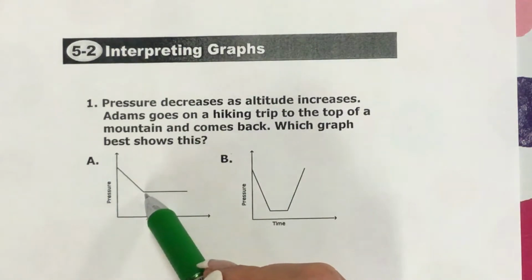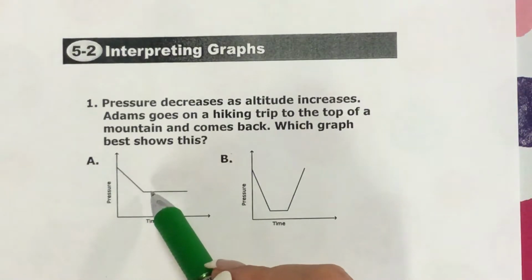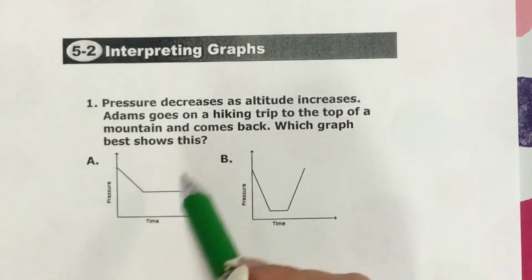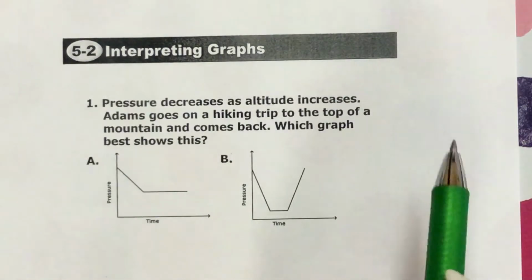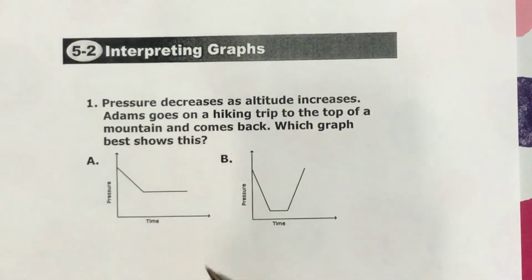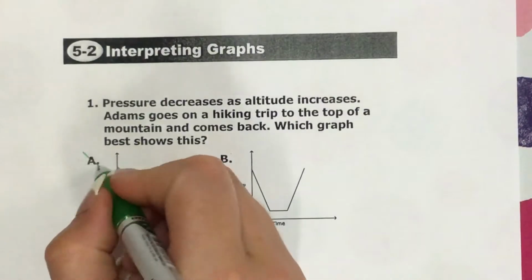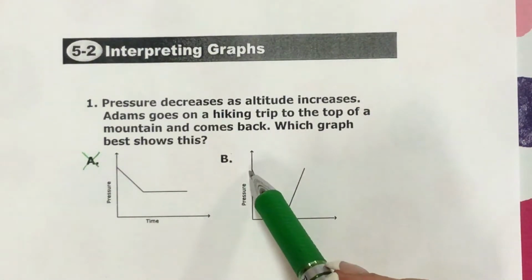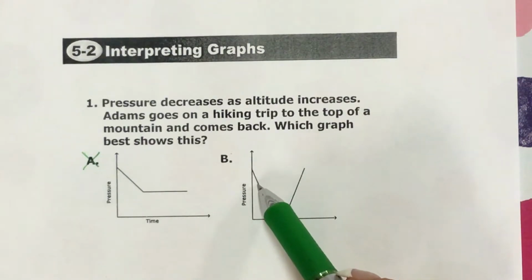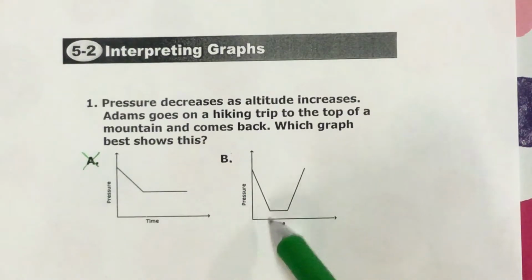It would drop, but then he goes back down the mountain. So at the end of it, he should end with the air pressure being high again. So because of that, this would not be the choice. Let's go on to B. So we start at a high air pressure, which would make sense because he's starting at a lower altitude. As he hikes up the mountain, and time is going, the air pressure is dropping.